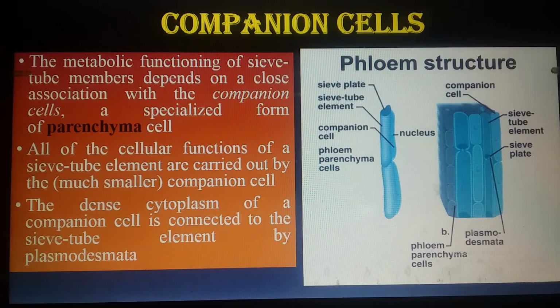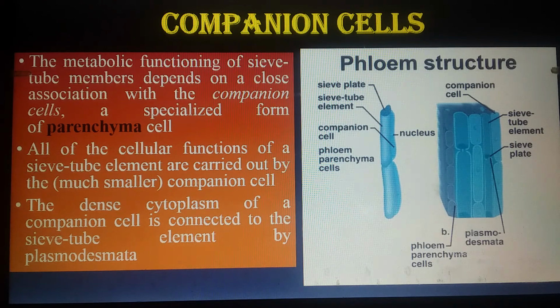The next cells are companion cells. Companion means friendly, assisting cells. The metabolic function of the sieve tube members depends on a close association with the companion cells. They play a very important role in the transport.